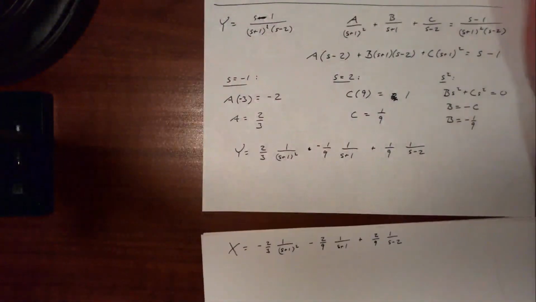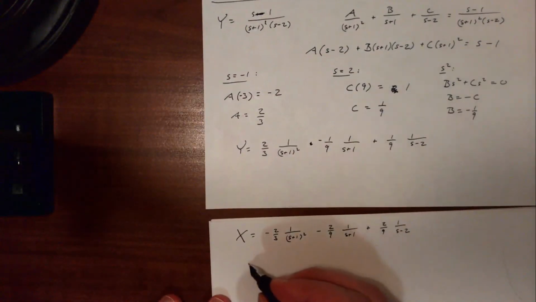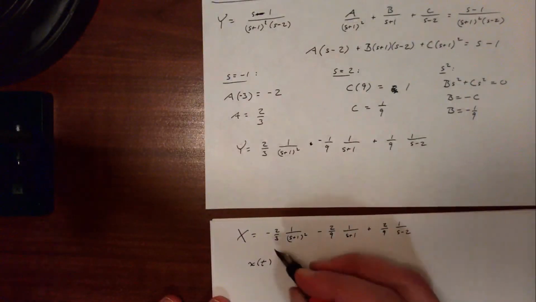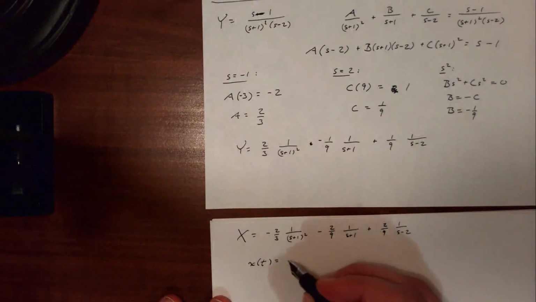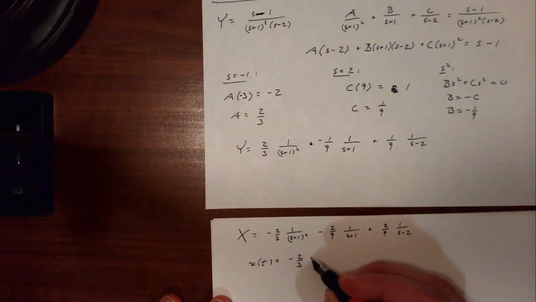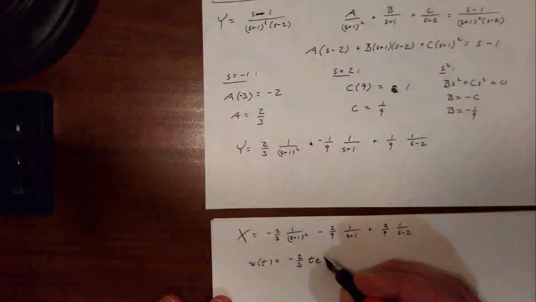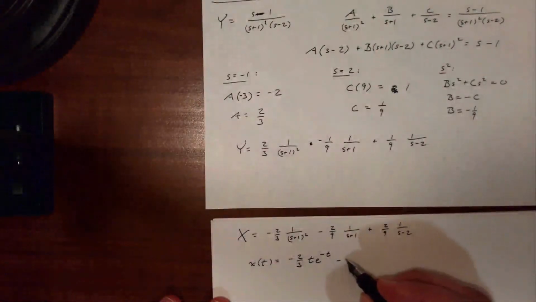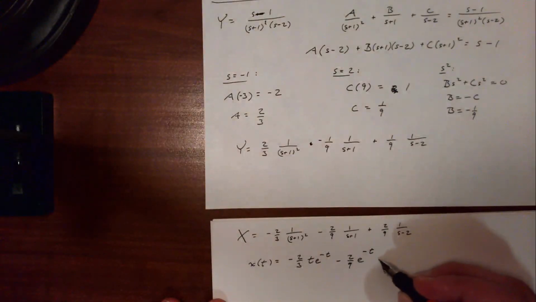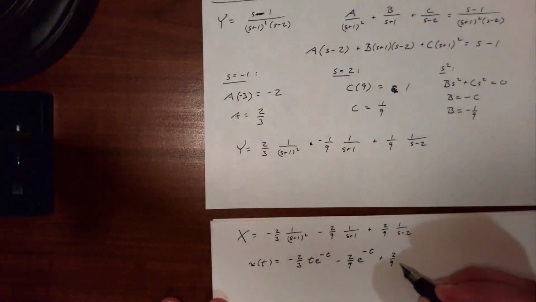Then, if I want the inverse Laplace transform, I just have to look up on the table that we have of all the useful values of Laplace transforms. This is -2/3 of what you get when it's t e to the at, where a here is going to be -1. Minus 2/9, this is just going to be e to the -t. There's no extra factor of t. And then plus 2/9 e to the 2t.